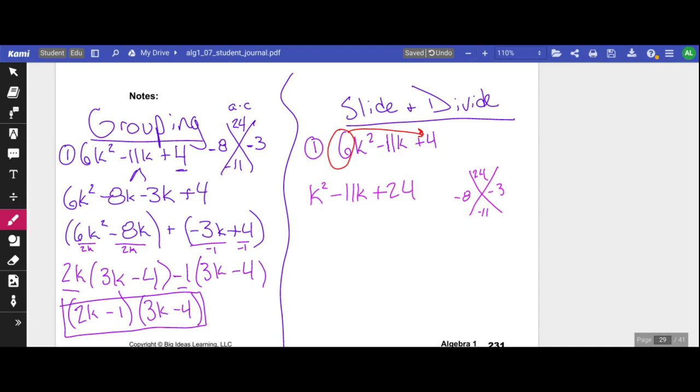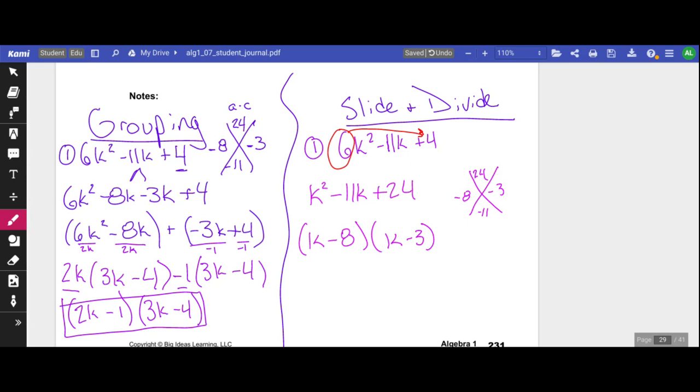I'm going to start out by saying I've got this k minus 8 times k minus 3. And the thing that you then have to do with slide and divide is go in and say, well, I came up with negative 8 and negative 3 when I had modified my trinomial.